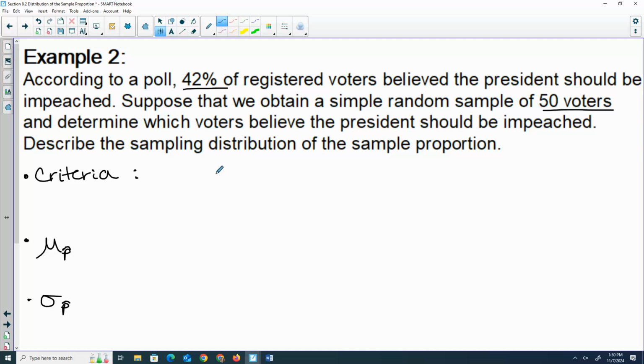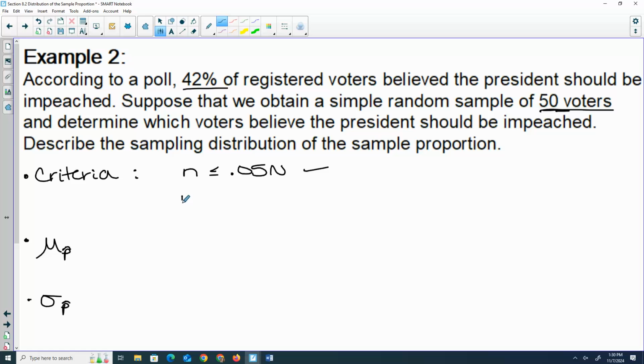The criteria. We need it to be independent. So our sample has to be less than 5% of the total population. Do I know my entire population? No, so I can't really mathematically check it here, but would 50 voters be less than 5% of everybody? Yeah. So we're just going to say, yep, we thought about that, that's true.